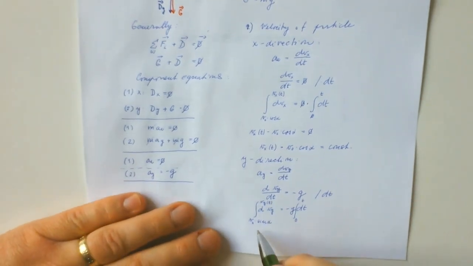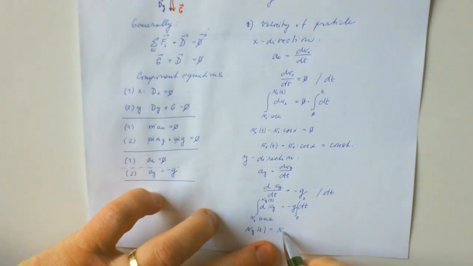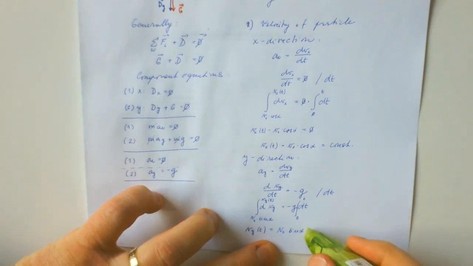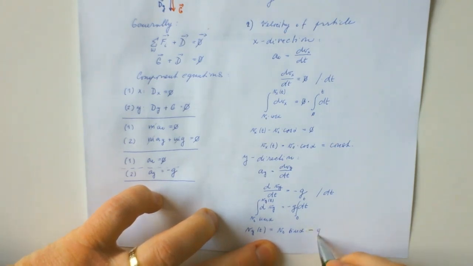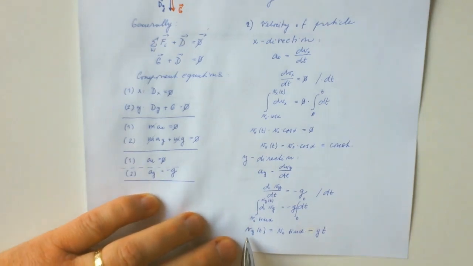From this we get that Vy in time is v0 by sine alpha minus gt. So this is another result. We have Vx and Vy in time.